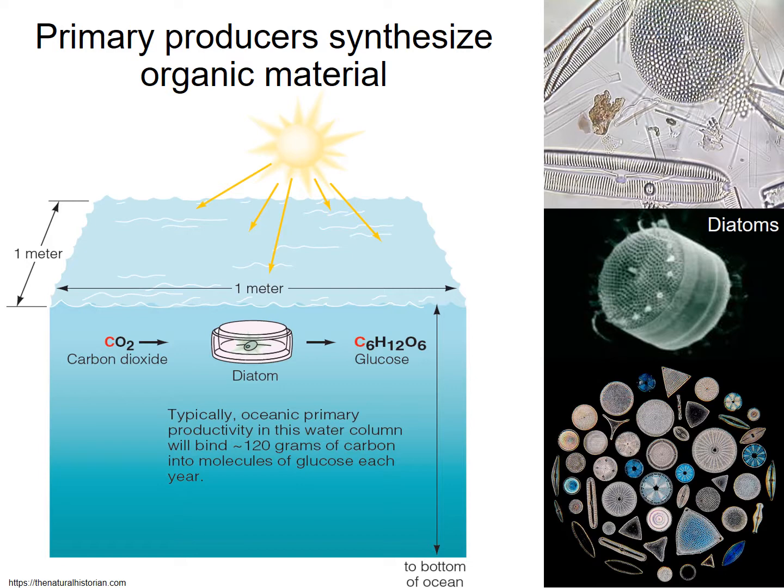Carbon dioxide, sunlight and water are inorganic. So by photosynthesizing carbon dioxide and water, the diatom takes two inorganic substances and turns them into an organic molecule. So glucose or simple carbohydrates are the end product.